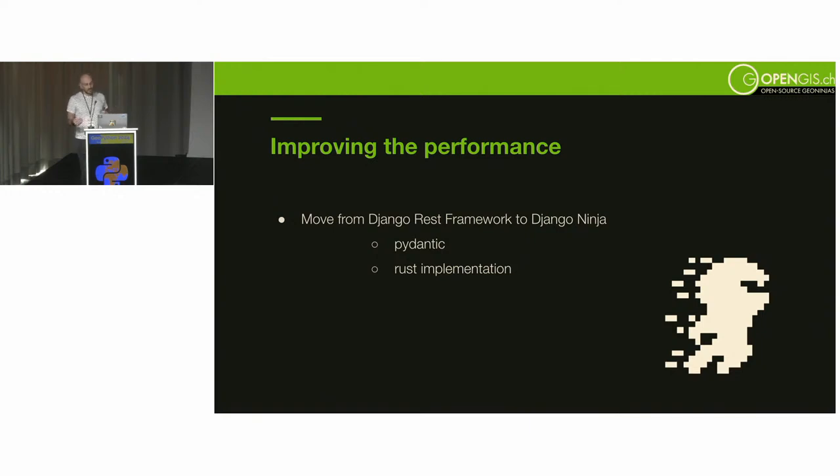Basically, if we move to Django Ninja now, we would have to rewrite quite a lot of code, which is not what we want to do currently. We want to prove that it's working well, and probably wait a bit for Django Ninja to be more feature compatible with DRF.